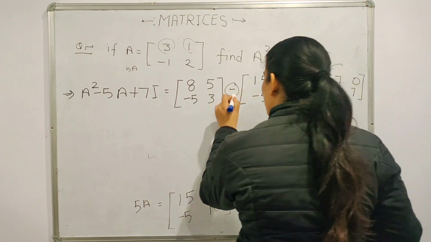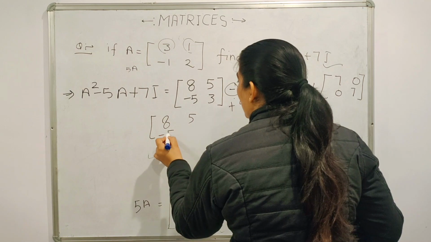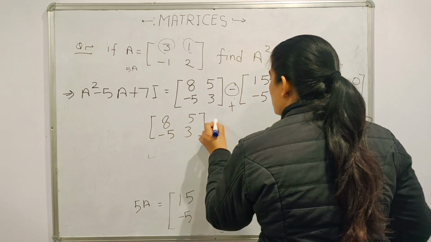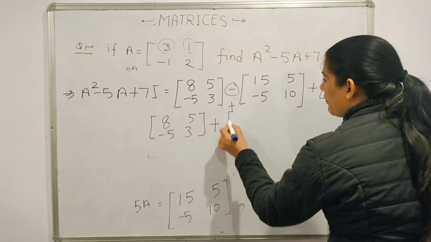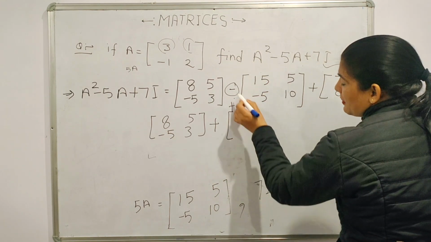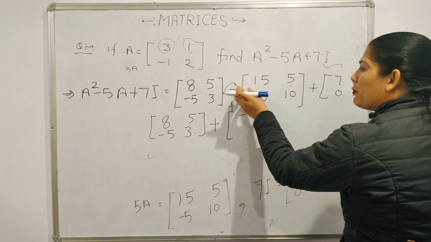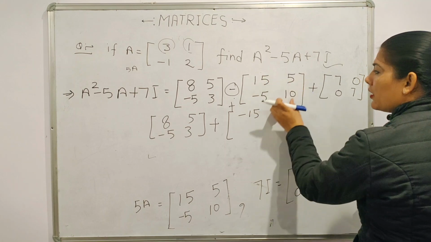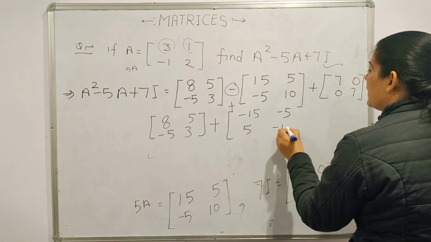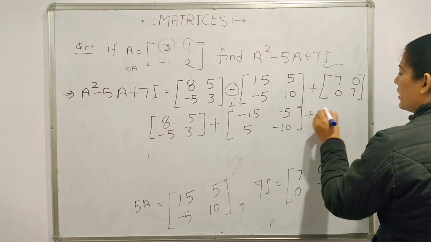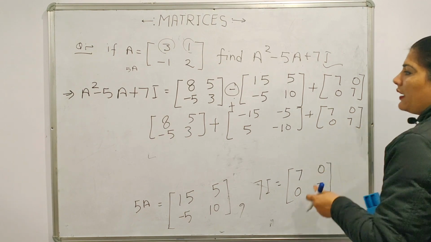So you can write it as 8, 5, minus 5, 3, and here the sign will be plus, while these elements will be of opposite sign, because you have multiplied by minus 1 here, so it gives you minus 15, minus 5, 5, minus 10. That depends on how you want to find the values.